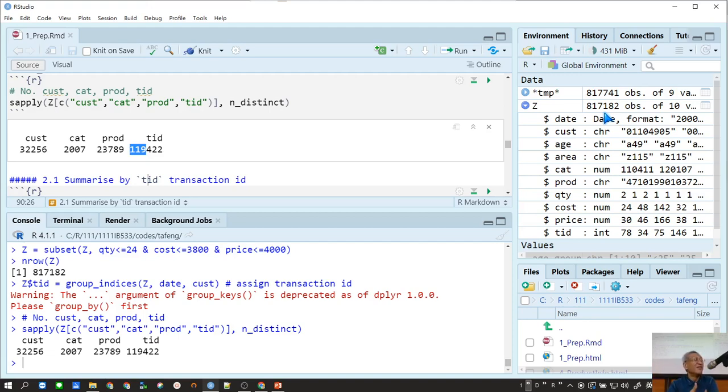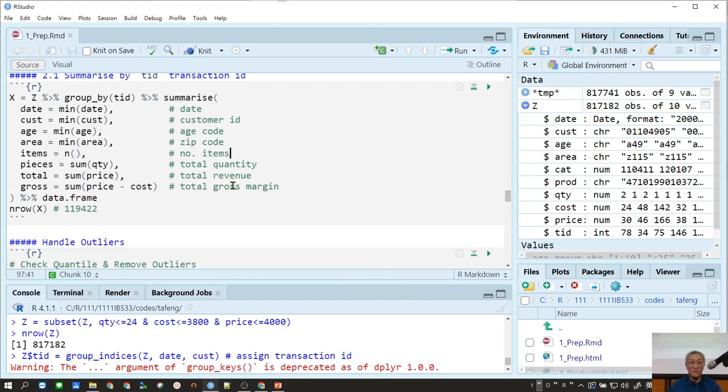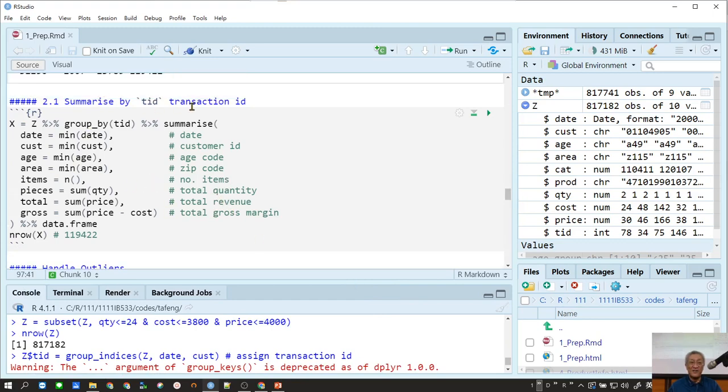That's how we begin to do business analytics. Now we can see the power of dplyr here.